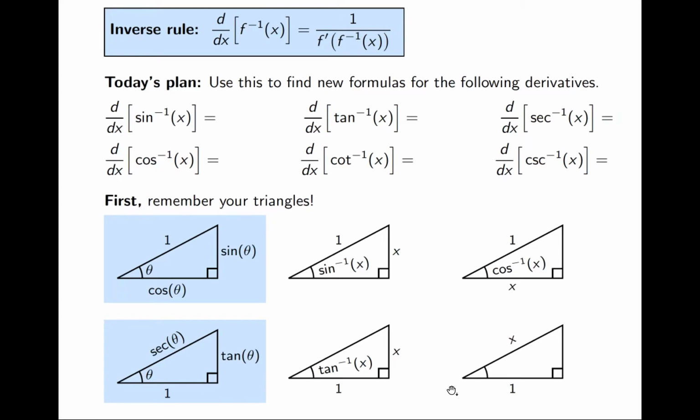Similarly, if the triangle is such that the adjacent side is 1 and the hypotenuse is x units long, then secant of this angle equals x from our picture over here. So this angle is secant inverse of x. So we have 4 pictures here that tell us the geometric meaning of the inverses of sine, cosine, tangent, and secant. And we'll need all of these today.